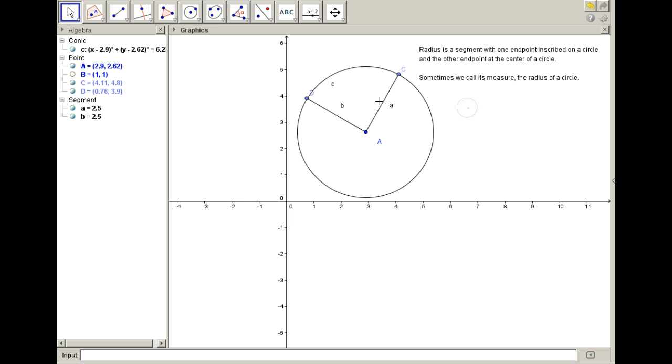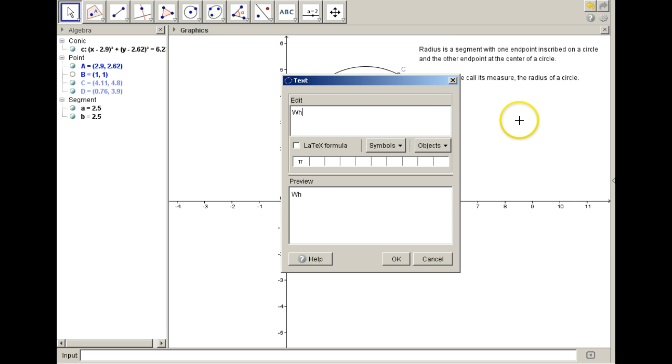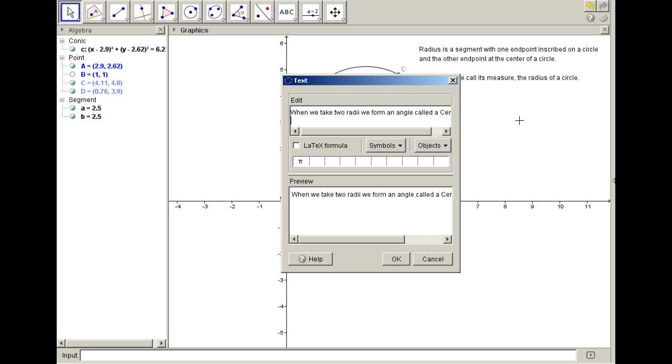So now let's talk about these two angles. When we take two radii, that's the plural of radius, we form an angle called a central angle, which makes sense, right?